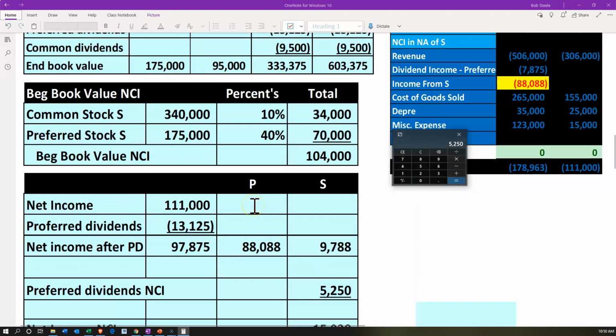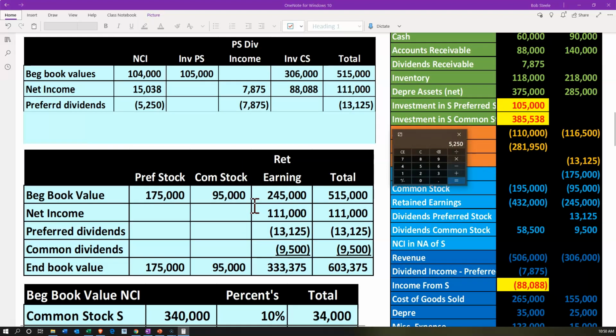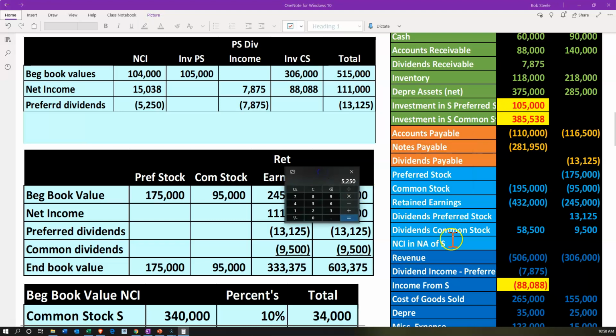There's the 5,250, and then the preferred stock dividend income here is going to be for the controlling interest, which is the 7,875, or of course the 13,125.